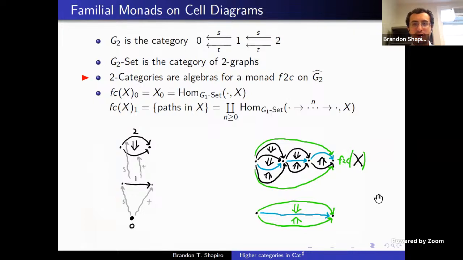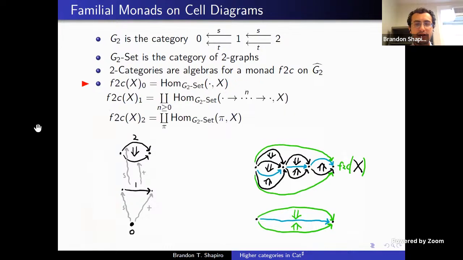And this monad has a similar form, which is sort of where this generalization is motivated by. So now we've got three different components of F2C of a two graph X. So again, the vertices stay the same. And in this case, the one cells, the arrows, look exactly like they do in a category. We just take all of the paths of arrows through our two graph.